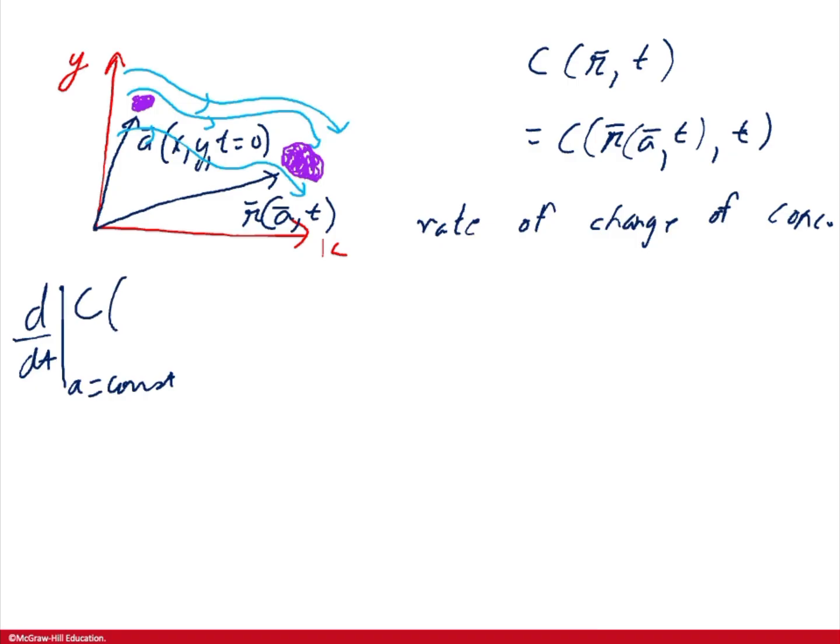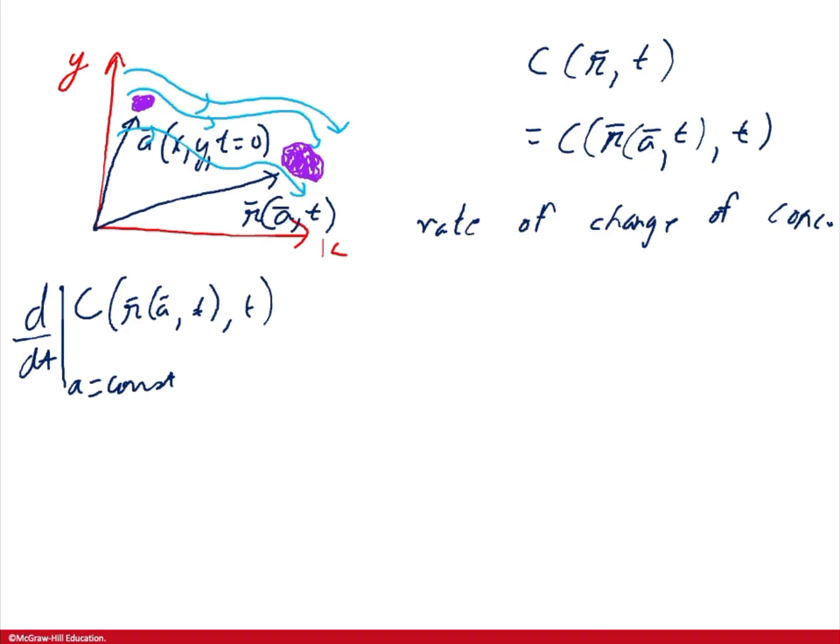This concentration is a function, as we already mentioned, of the position vector, which in turn is a function of the initial position and time, right? So if we want to find this time derivative, how do we go about finding it, because it's a function of multiple variables here?